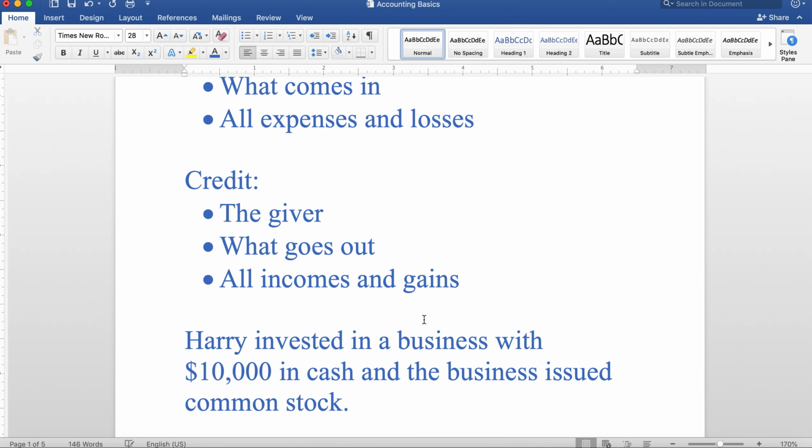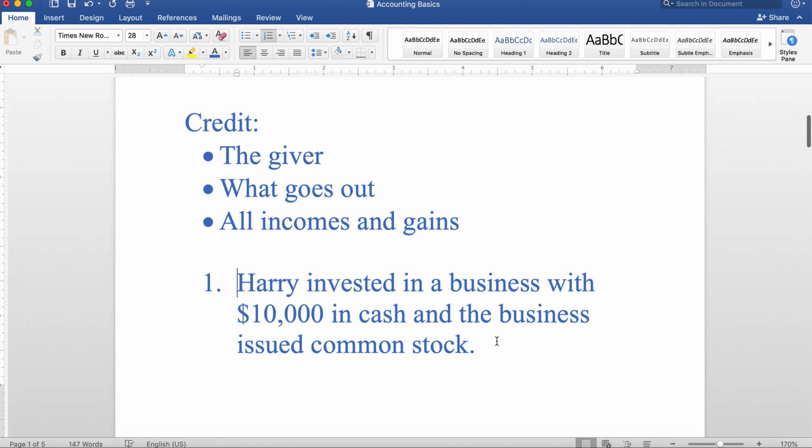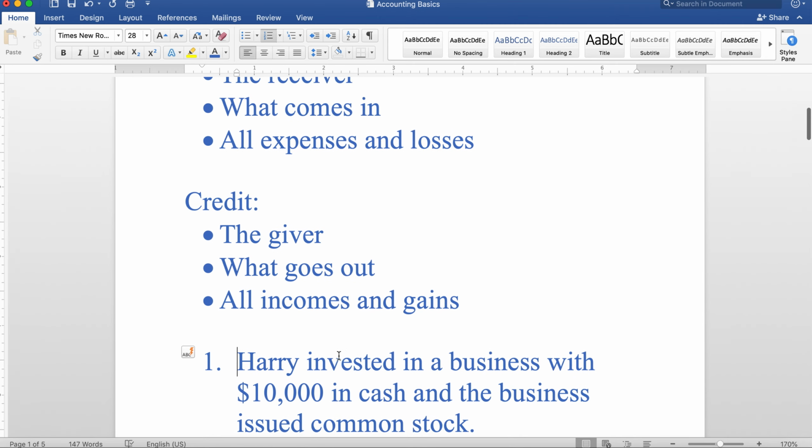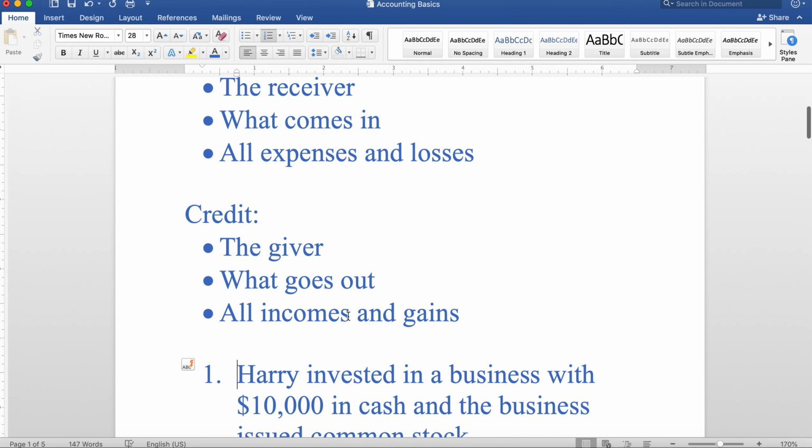So let's look at this scenario and identify debits and credits. So here, what came in? Cash came into the business, and what went out? Common stock went out of the business.